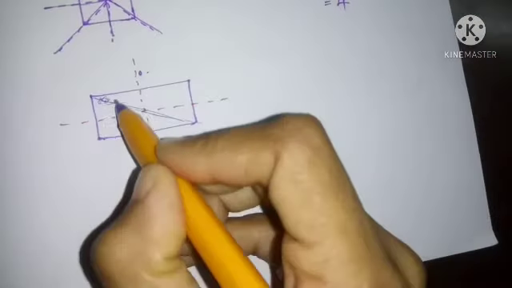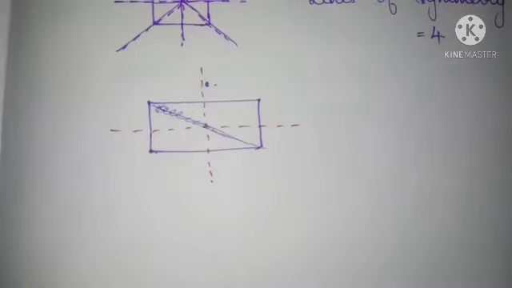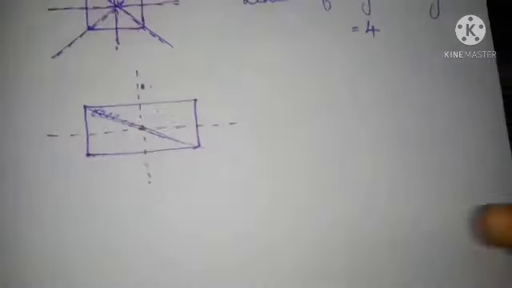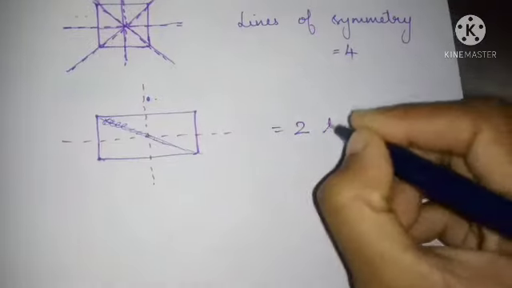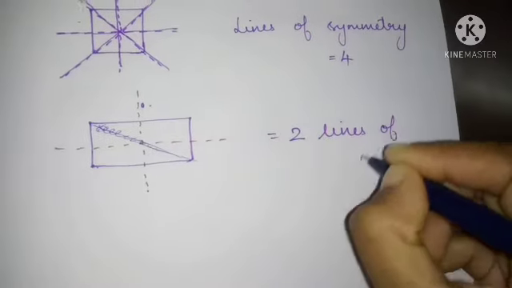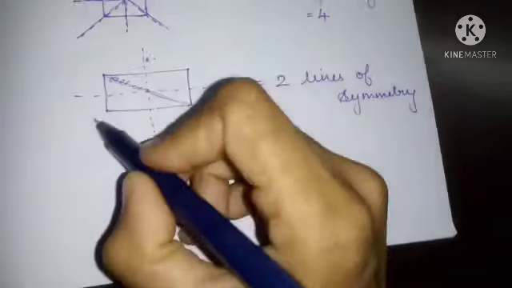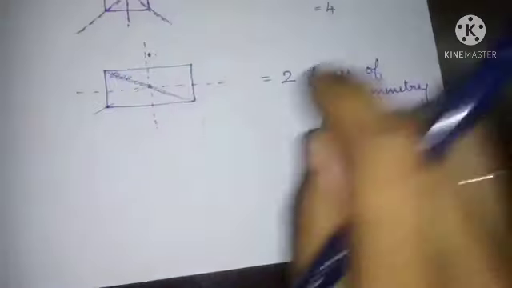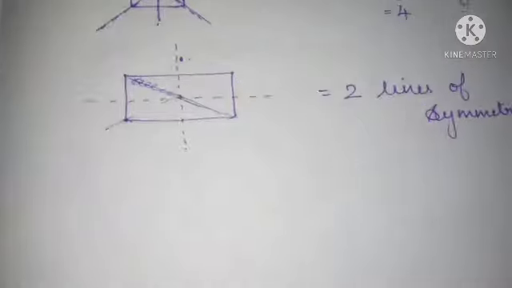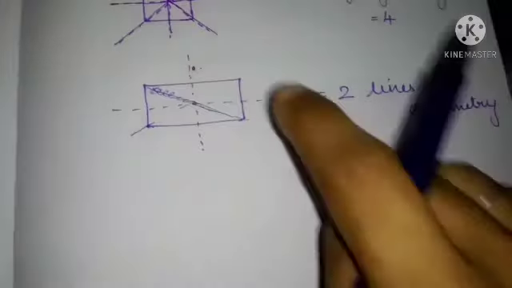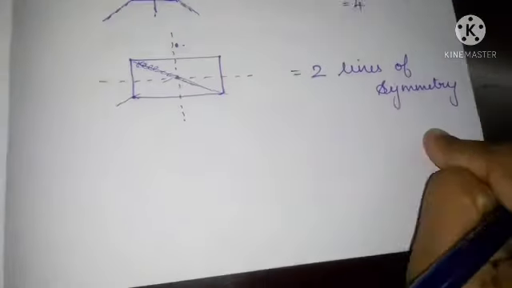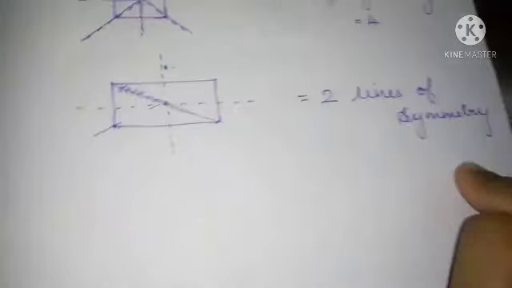So this is not possible. So only 2 lines of symmetry is possible for a rectangle. If I draw here also, it is not possible because we won't get a mirror image.